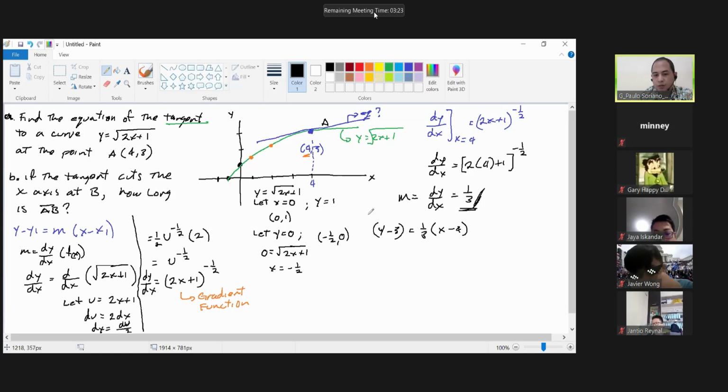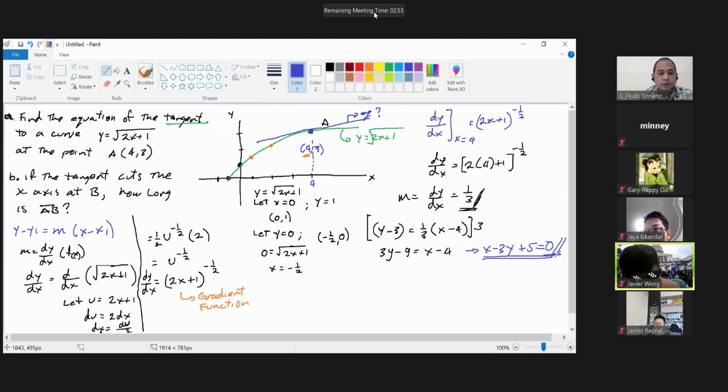We multiply all of it by 3 to remove the fraction, leaving us with 3y minus 9 equal to x minus 4. The equation of the tangent is x minus 3y plus 5 equal to 0. Yes? Okay.